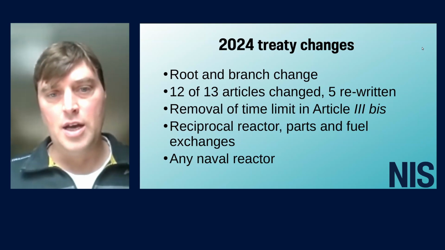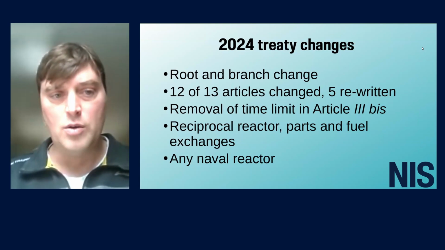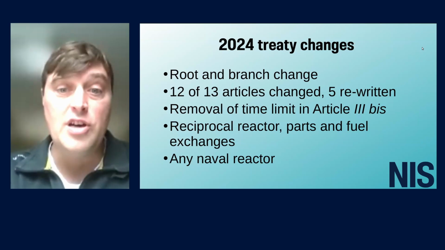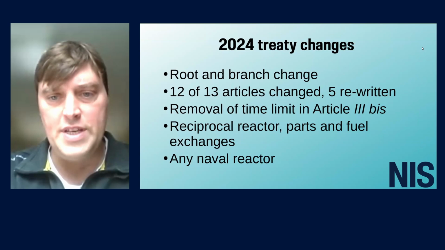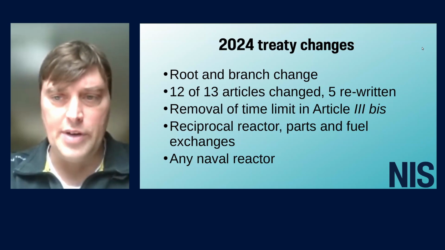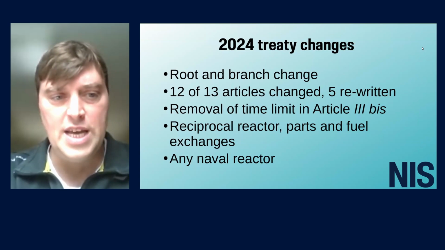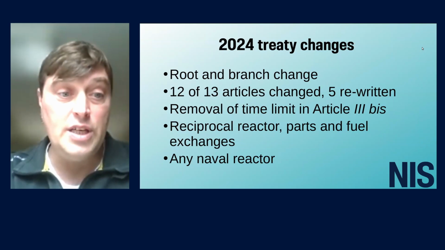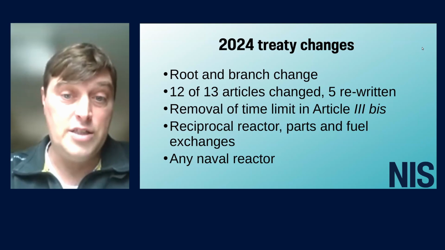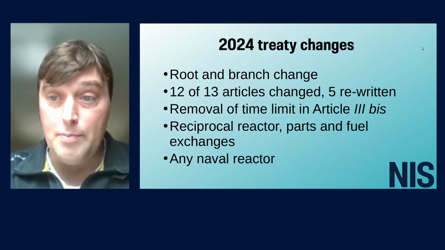But the main thing, and a major reason why we're having this webinar today, is the removal of the time limits in Article 3 bis. So they've just scrubbed all of the dates from that, so that the sharing under that article will continue indefinitely. Another quite substantial change is that the transfer of reactors, parts and fuel has been made reciprocal.